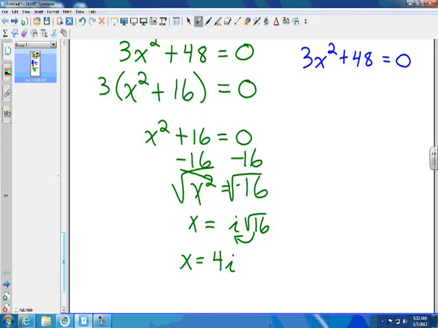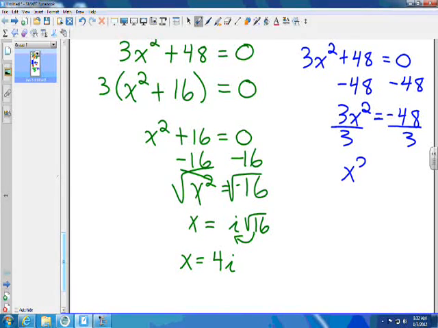How could we start solving for x there? Just subtract the 48 over. So again, either way you want to solve that, it's fine. And then what would we do? So x squared equals negative 16 again, and I won't solve that again for you. But either way works there.